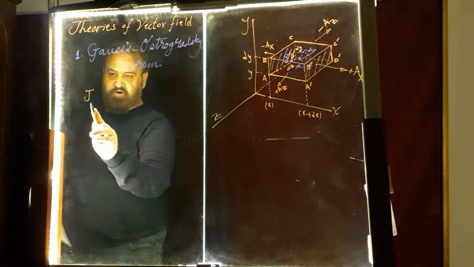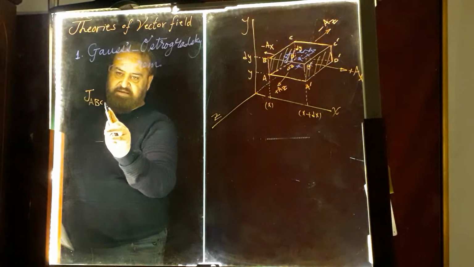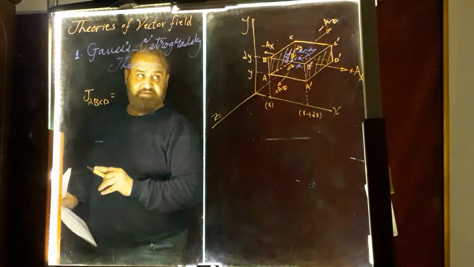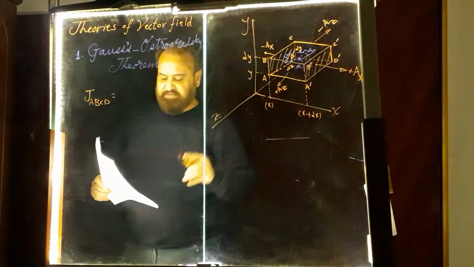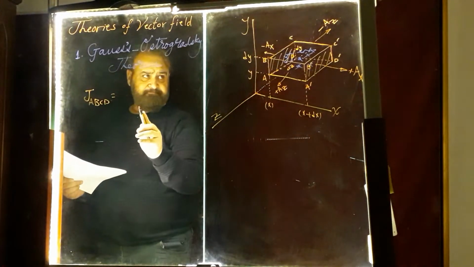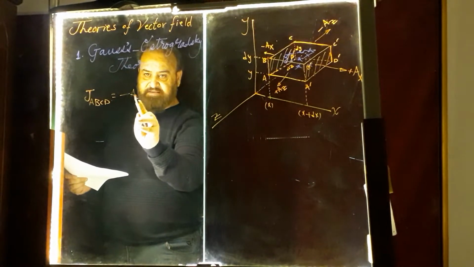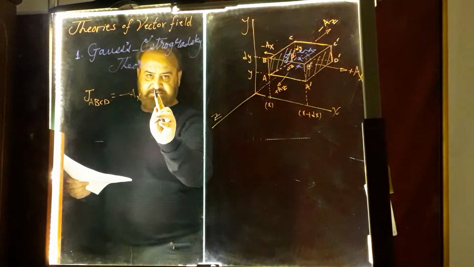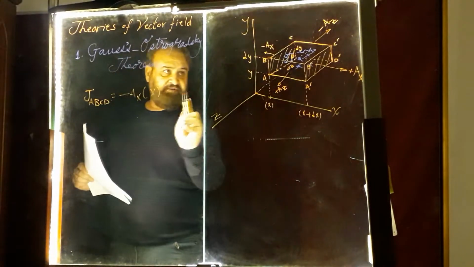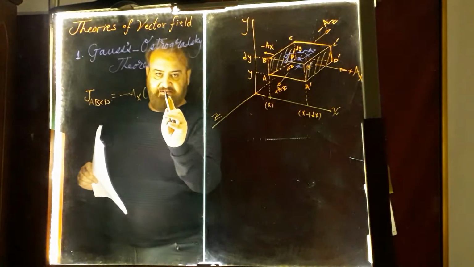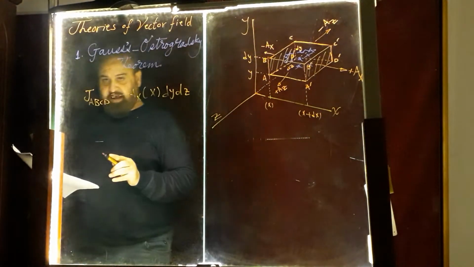The flux of the side A, B, C, D is the vector field dot the area of this side, which is minus A sub x of x, and the area is dy by dz.